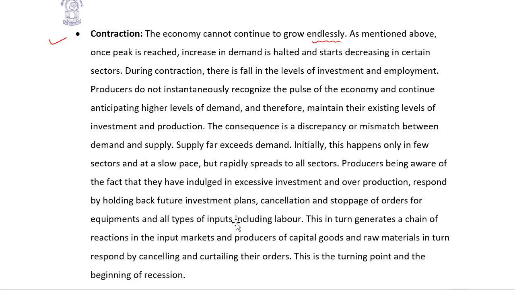As mentioned above, once peak is reached, increase in demand is halted and starts decreasing in certain sectors. During contraction, there is a fall in the levels of investment and employment.